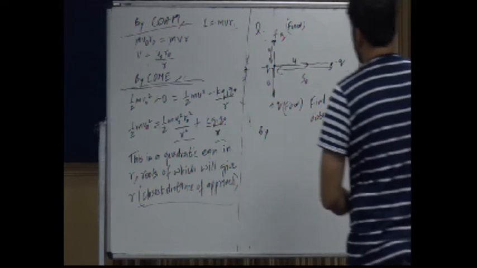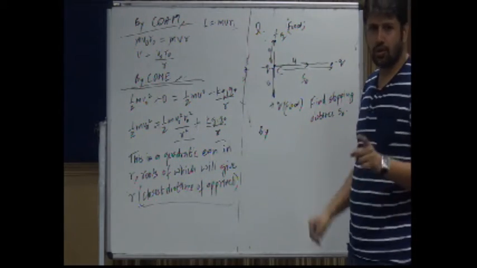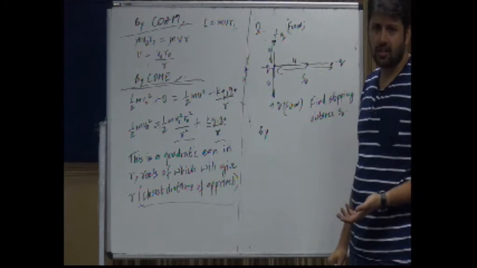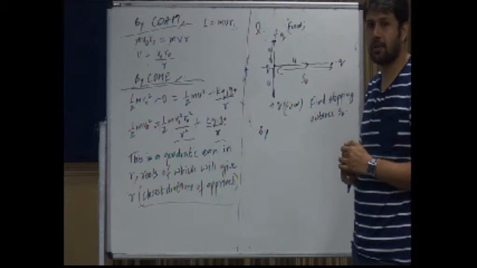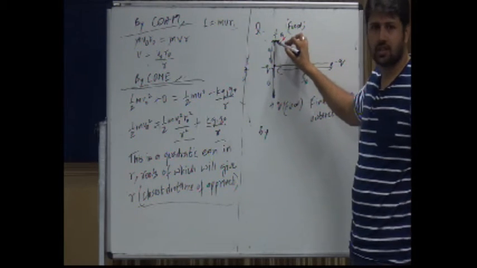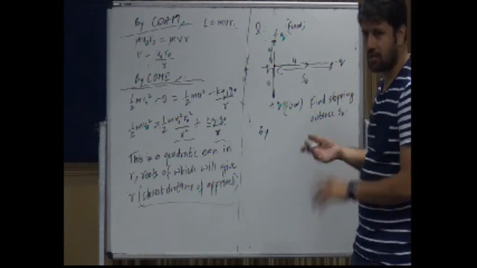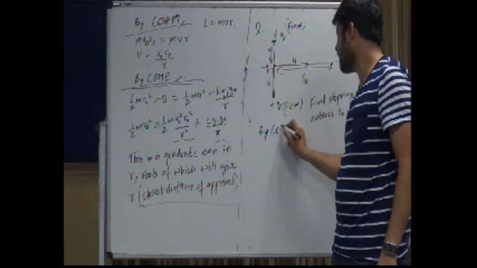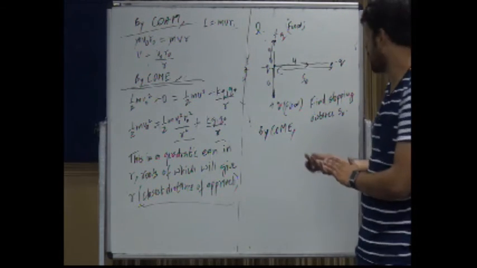Since these two are fixed, there is no linear momentum conservation. Angular momentum conservation is also not applicable, because if you take this as a reference point, the forces would produce a torque. So only conservation of mechanical energy is needed. This is the simplest possible question, just one conservation law needed.